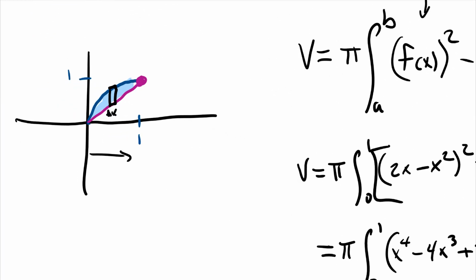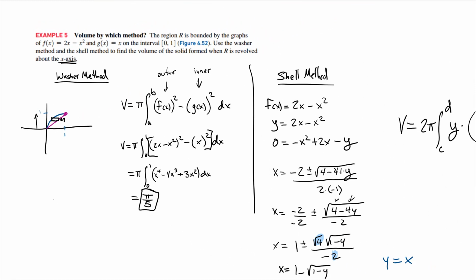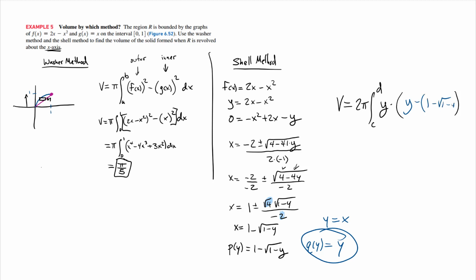Because we no longer have our delta x, we now have a delta y, because we're going to do our bounds about y values, sorry, not the y-axis. So our outer function now is our q of y, or just y, minus our 1 minus the square root of 1 minus y. All of this, of course, dy.